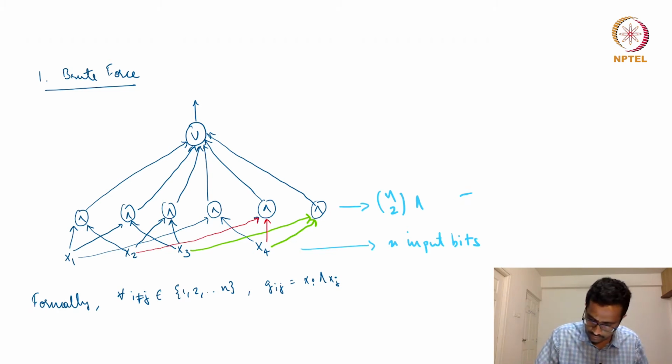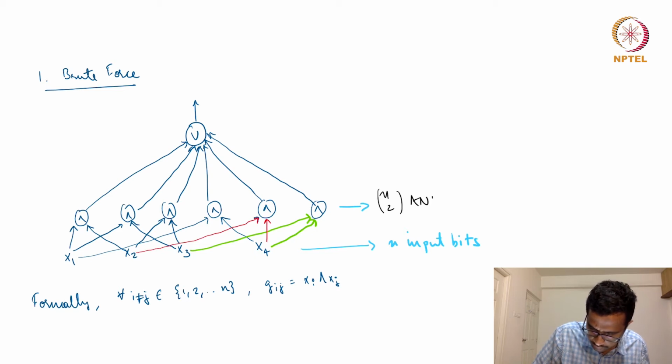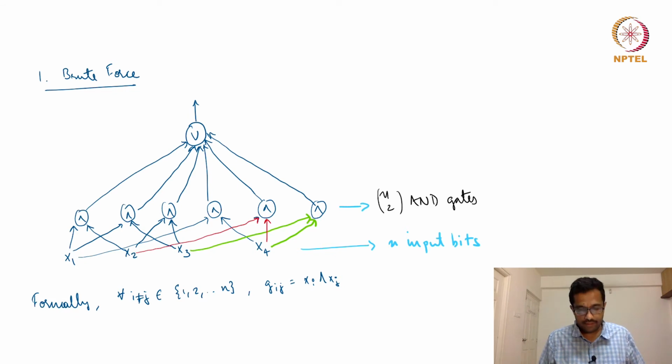Maybe this is not very visible, I'll write with another color. N choose 2 AND gates. And if there are 2 ones in the input, xi and xj, there will be an AND gate which takes xi and xj as input, and that will report a 1.